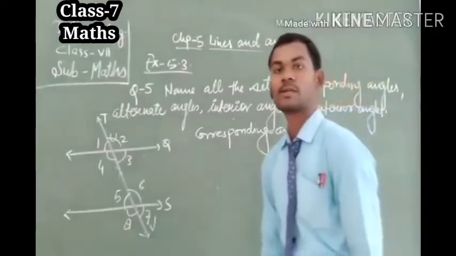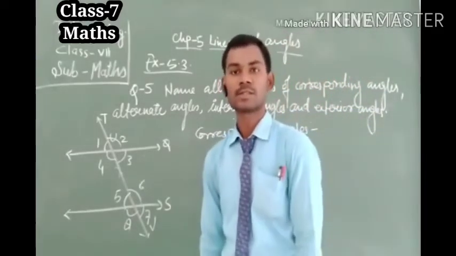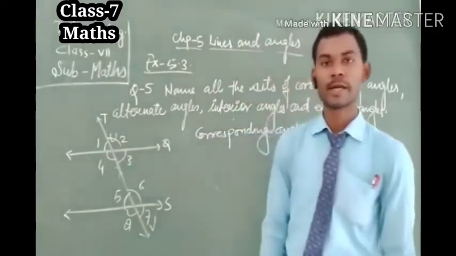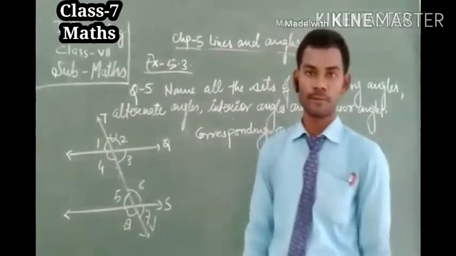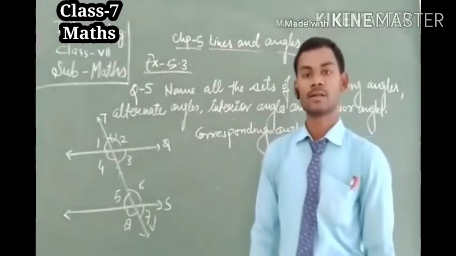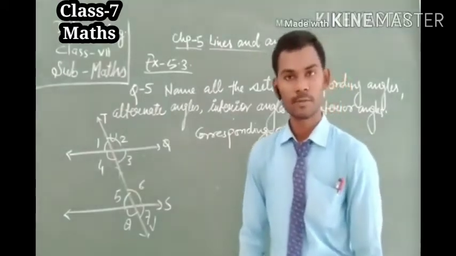And also we know that when a transversal cuts two parallel lines, four pairs of corresponding angles are formed, and each pair is equal in measure.